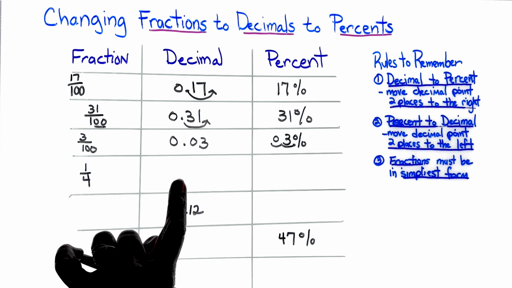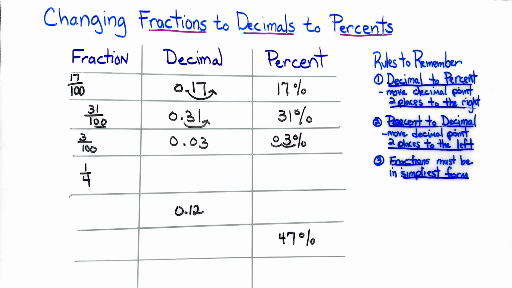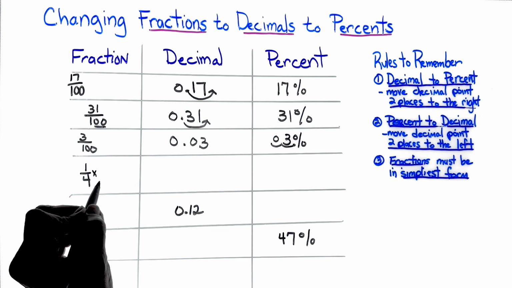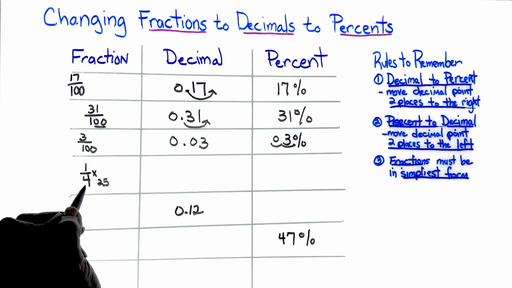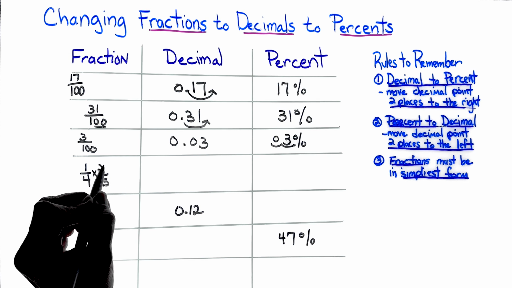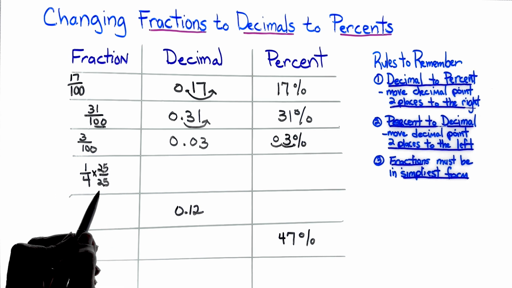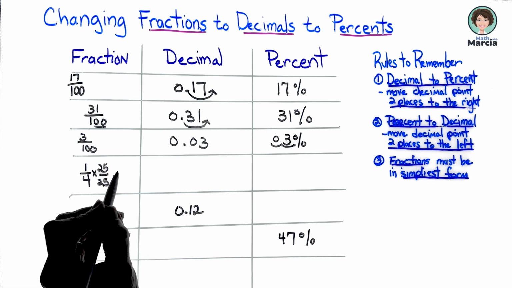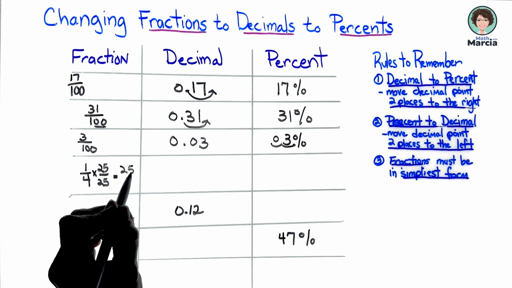I have the fraction 1/4. To change to a decimal, I know I need to have a 10, 100, 1,000. So I do know that if I multiply the denominator by 25, I will get 100. And you know, whatever you do to the denominator, you have to do to the numerator. So 1/4 is the same as 25 hundredths.